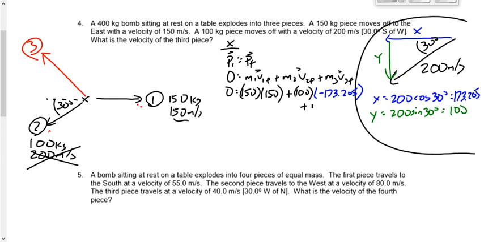Plus M3, which is, what is mass 3? 150 kilograms? Okay, 150 plus 150 plus 100 is 400. I'm going to show more steps here than I did in my answer key. 150 times 150 is 22,500.